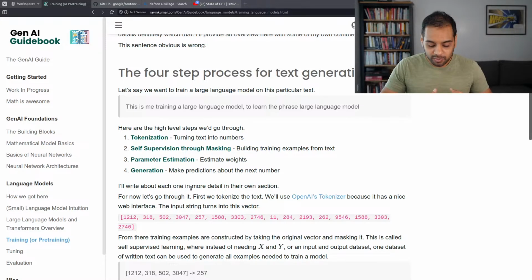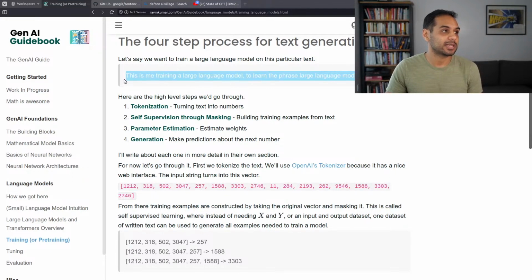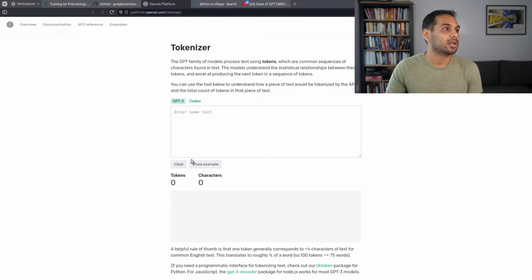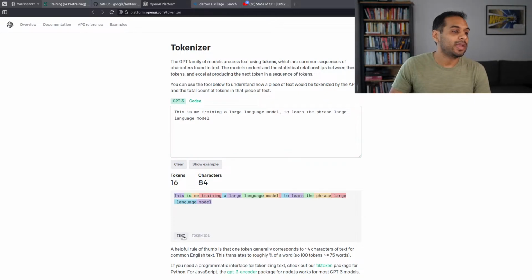All right, so now we have step one done. We have taken our sentence and we've encoded it into a series of character level encodings, tokenizer encodings. We have essentially what ends up being an array. In the OpenAI tokenizer, if we took this particular phrase once again, and I want to show it to you so it's all above board, this is the text that gets highlighted and shows you what the tokens would be.